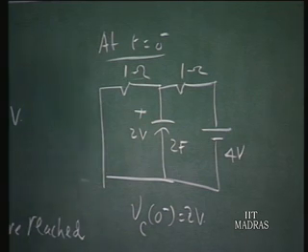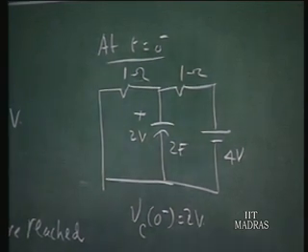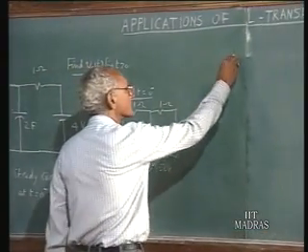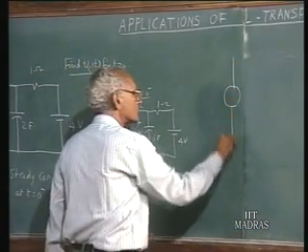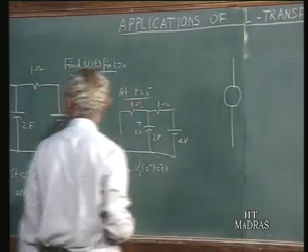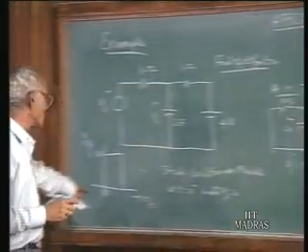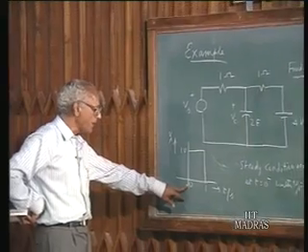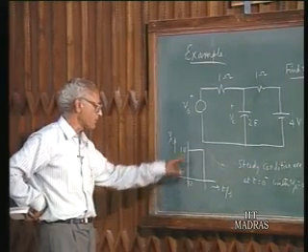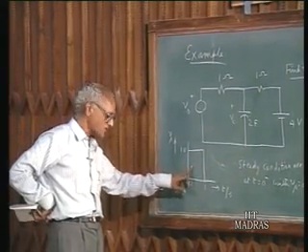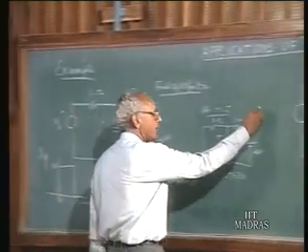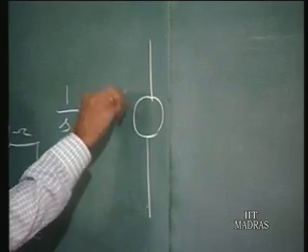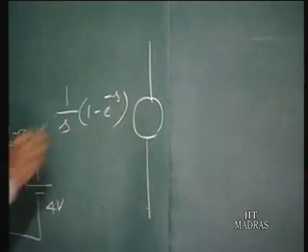So let us form the transform diagram of this. For the voltage source, you have the Laplace transform of this voltage source. This is u(t) minus u(t minus 1), a pulse function. Therefore, the Laplace transform of this will be 1 by s times (1 minus e to the power of minus s). That is the voltage source.